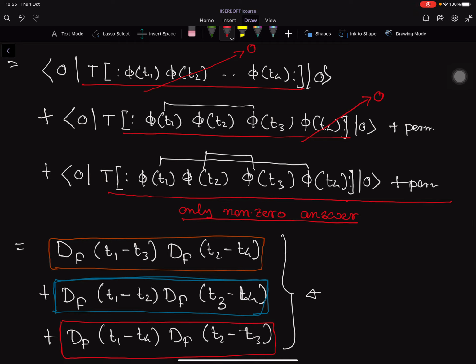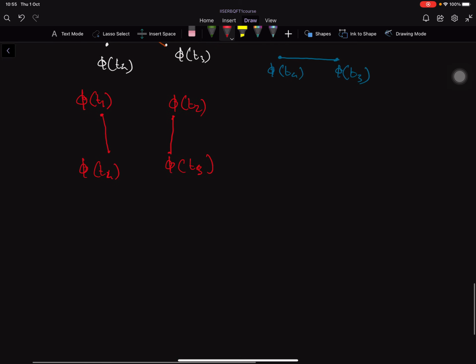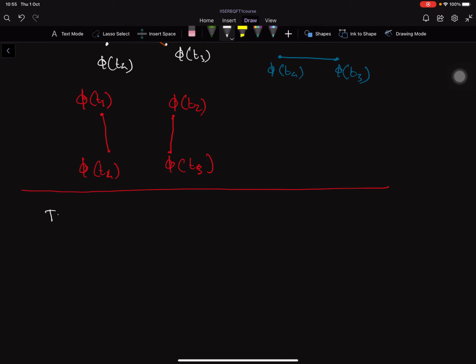Okay, so you see that this vacuum expectation value of a time ordered product of operators has a nice diagrammatic expression, and the diagrammatic expression basically starts from the 2-point function.